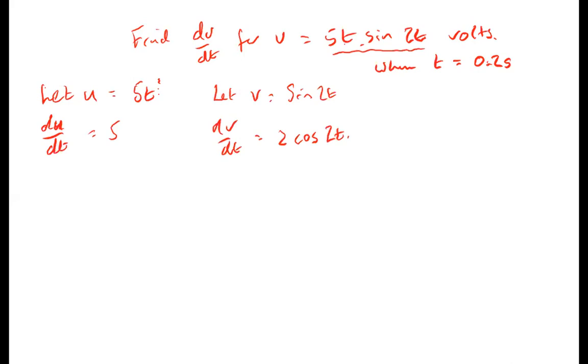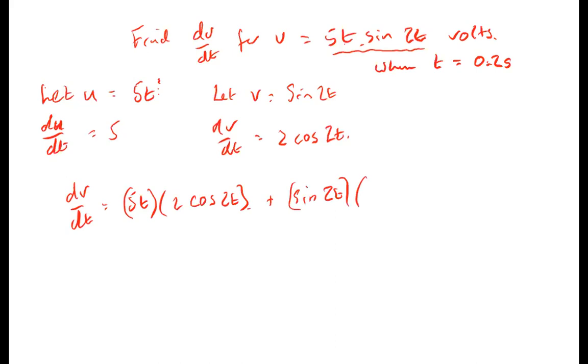So we've got dv by dt is equal to, and that's u, so that's 5t times dv by dt, 2 cos 2t plus v, sine 2t, times du by dt, 5.